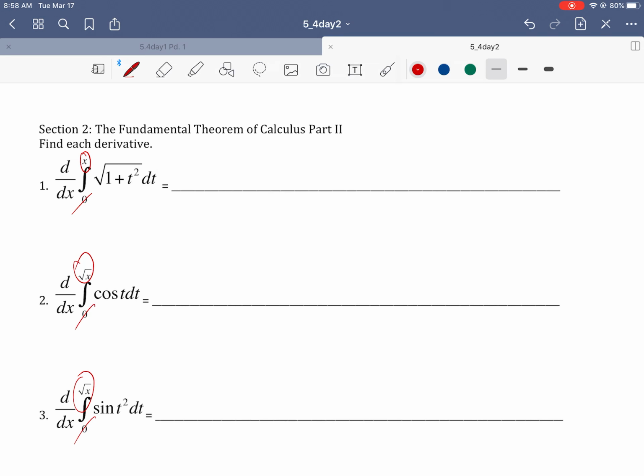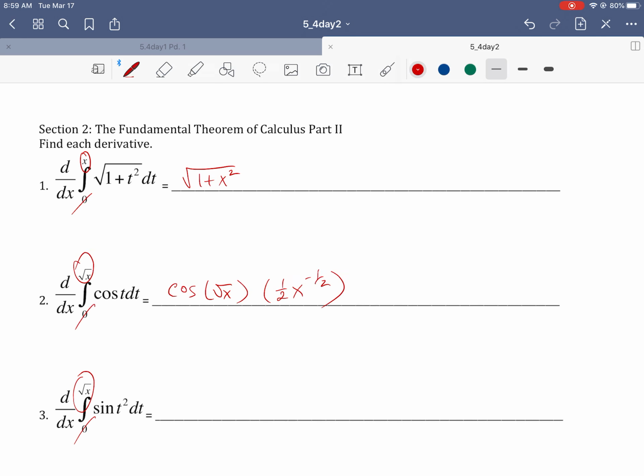We're not changing the expression that is inside of that integral, except for we are replacing the t with the x. Okay, so number 1, it's just an x up there. We do nothing besides swap them out. The second one, it's a root x up there. So we start the problem the same way, replace the t with the root x, and we multiply by the derivative of the root x.